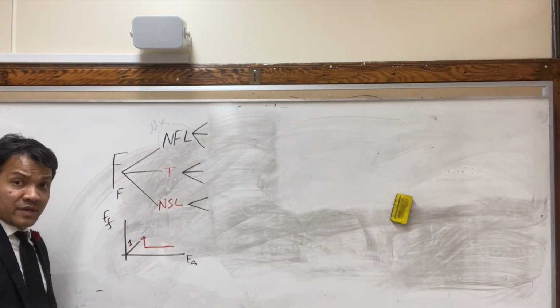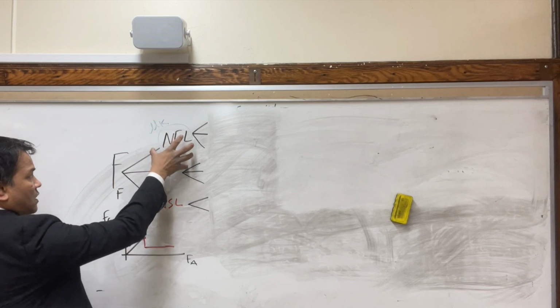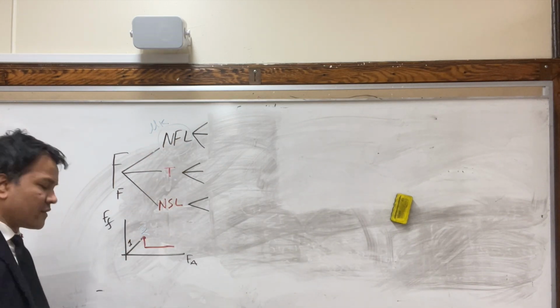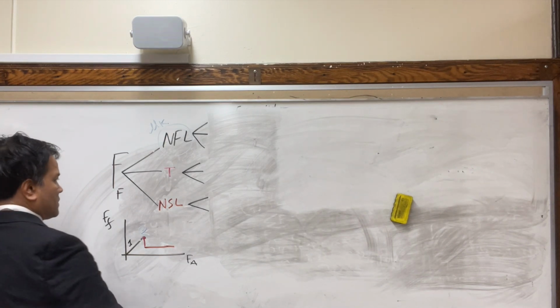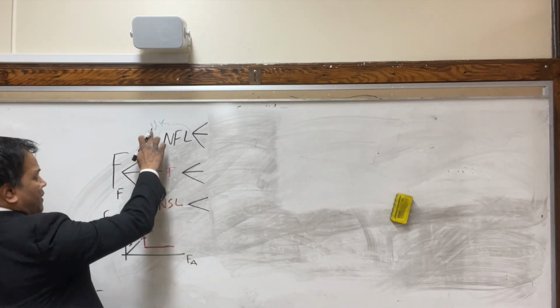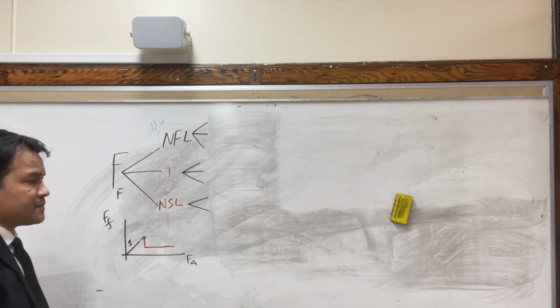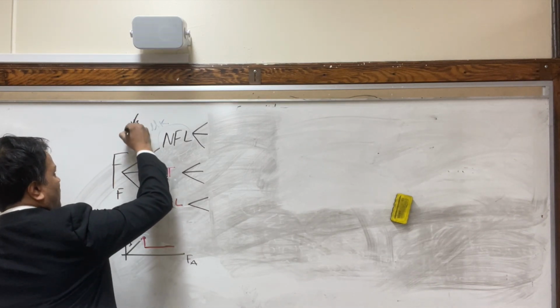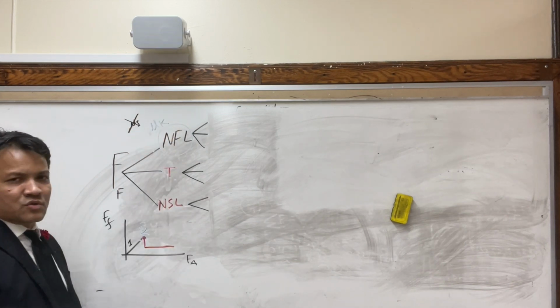Location 1 we're going to go to in a second, but all these problems come from location 2. Location 2 is Newton's first law. So mu k, because the object is in constant motion. Mu s, no, because the object is in constant motion.